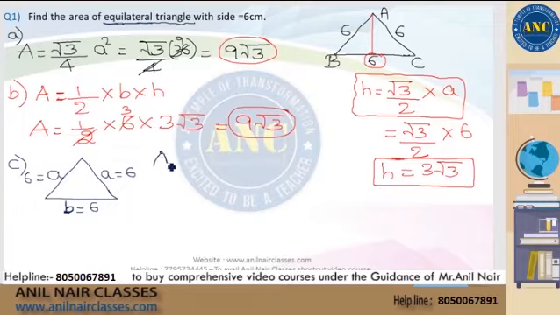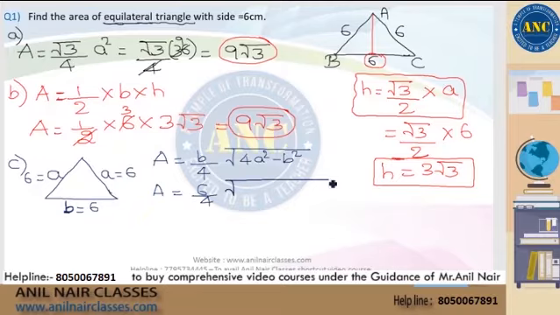Now, if I apply this in the area of an isosceles triangle, what is the area of an isosceles triangle? It is b by 4 into square root of 4a square minus b square. If I substitute, the b value is also 6. It is 6 by 4 into square root of 4 into 6 square minus 6 square. I hope you are understanding the logic.